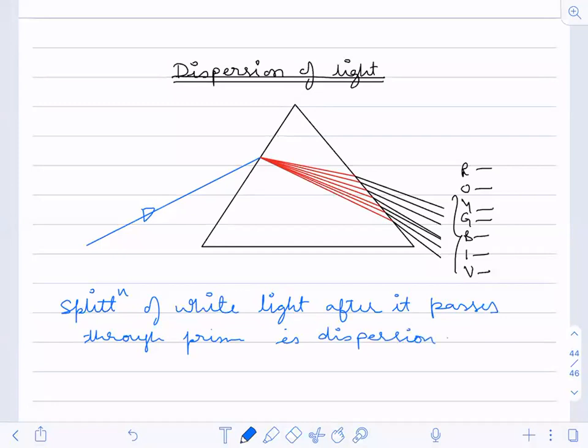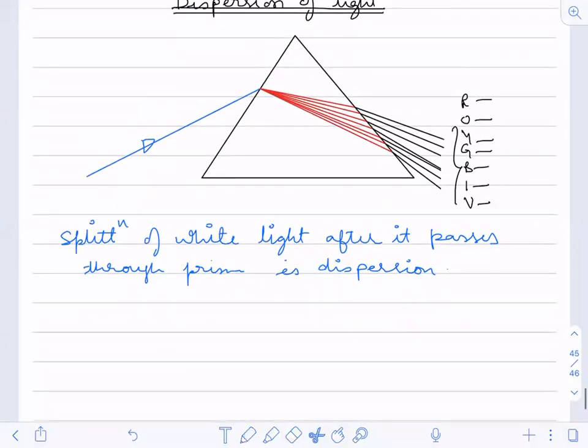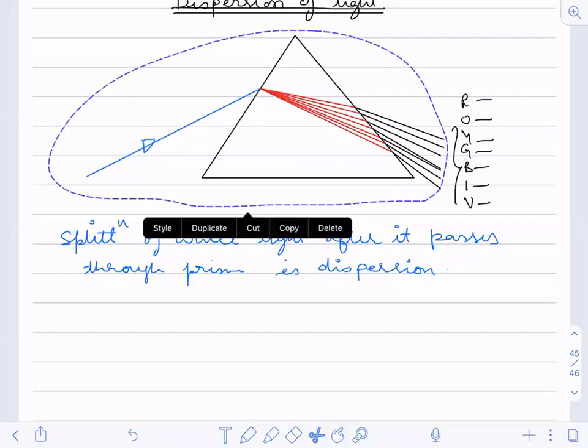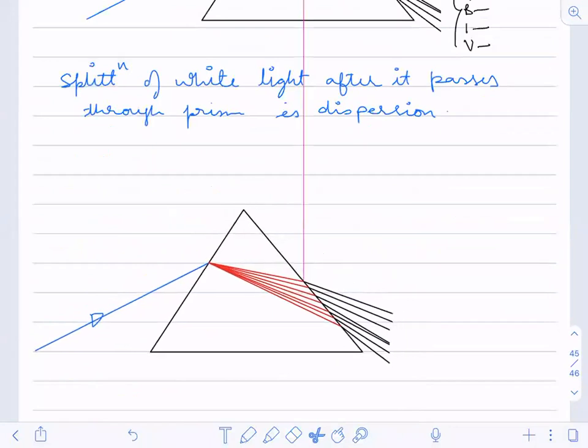Now I don't know how many of you know this, but suppose I keep an inverted prism now, one prism which is inverted to this figure. Inverted means it is somewhat like this.